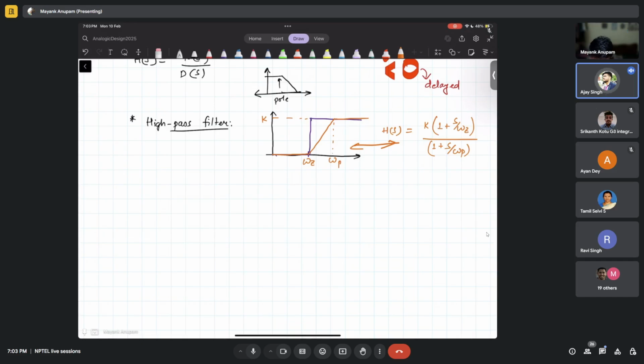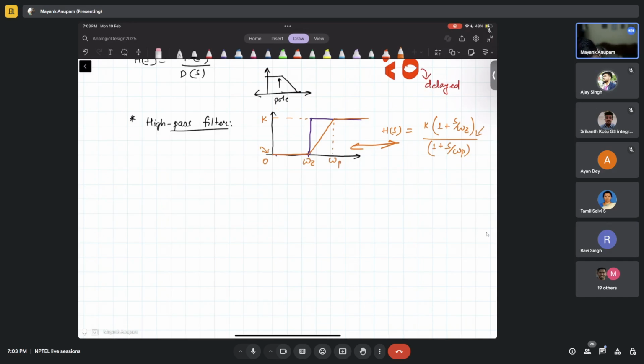Because the gain you have mentioned is at omega p, not at omega 0 to omega z. Correct. At DC, or at zero frequency, the magnitude should have been zero, right? Yes.